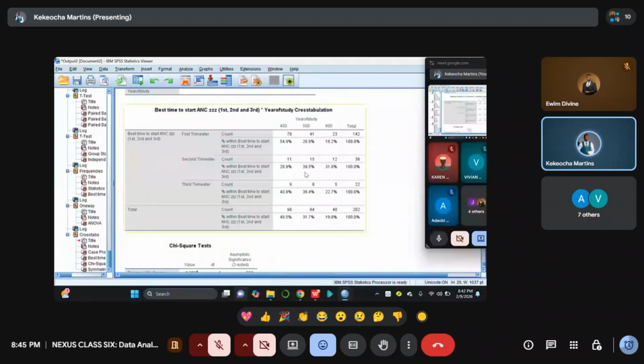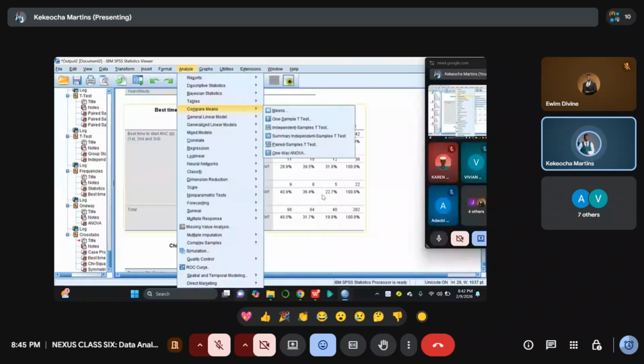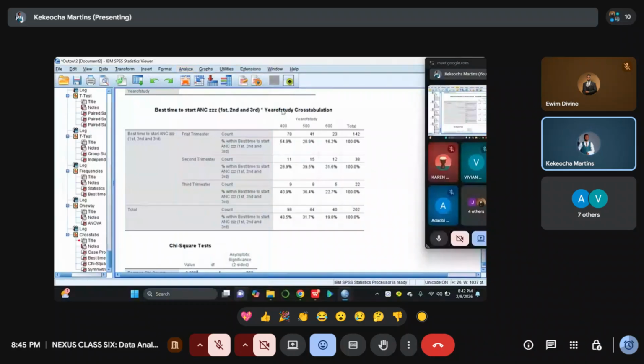Another thing I wanted to talk about was the Fisher's exact. Fisher's exact states that if you draw your contingency table and you have any of these frequencies, 78, 41, 23, or 9, 8, 5, if you have anyone that is less than 5, you have to choose Fisher's exact, no longer chi-square. If you're looking at this, you don't have anyone that is less than 5, so you go on with the chi-square.